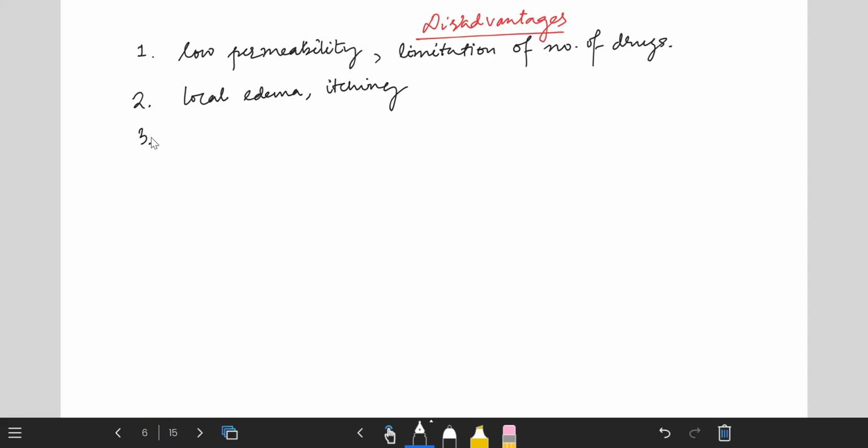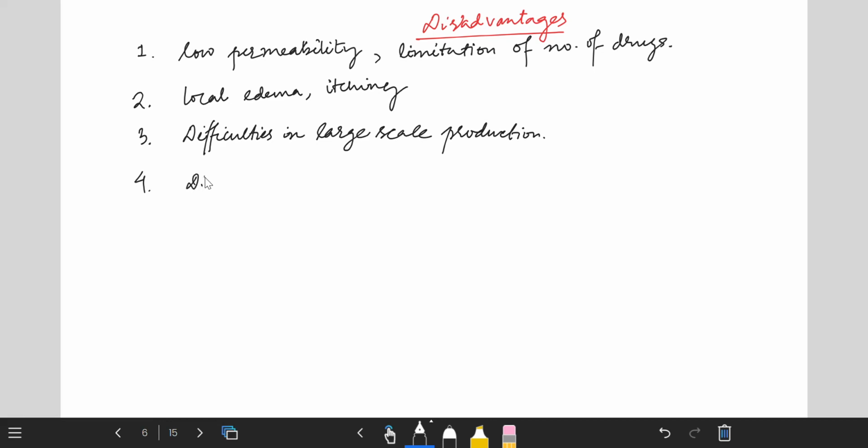Third is difficulties in large scale production. And the last is disruption of stratum corneum, which causes disintegrity of the lipids, or it can lead to polymorphic transition.